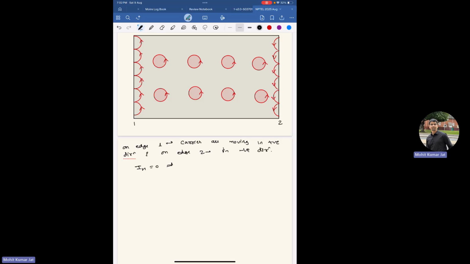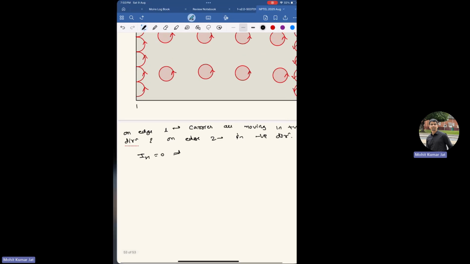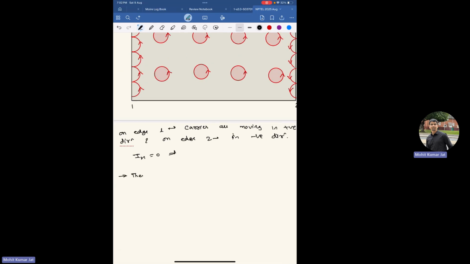So they have single directions. These skipping orbits have a single direction, and therefore they are called the chiral edges.